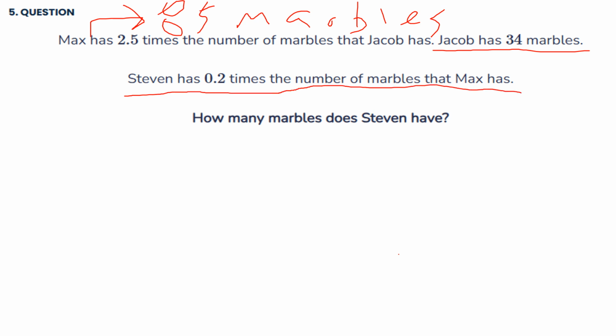And we know Max has a total of 85 marbles, so all we have to do is multiply 85 times 0.2. All right, again, you line your numbers up. Don't worry about lining a decimal up.